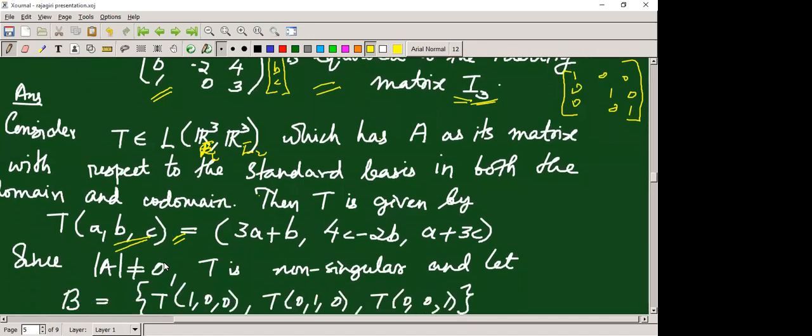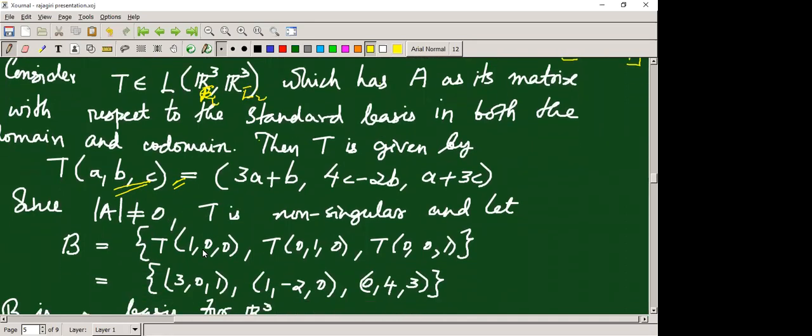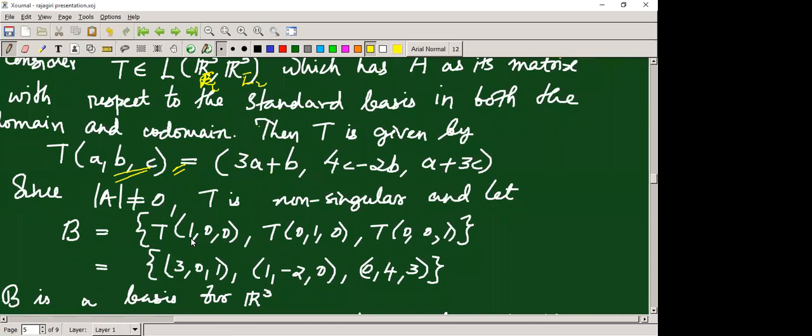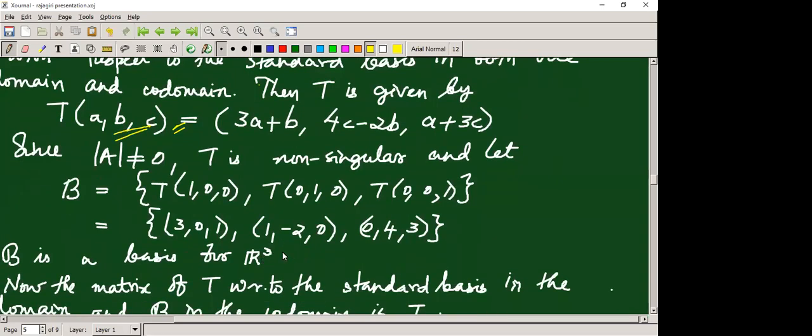Since the determinant of A is not equal to 0, T is non-singular, so the images of the standard basis, T(1, 0, 0), T(0, 1, 0), T(0, 0, 1), will be a new basis for R3: (3, 0, 1), (1, -2, 0), (0, 4, 3). So B is a basis for R3, because T is non-singular.